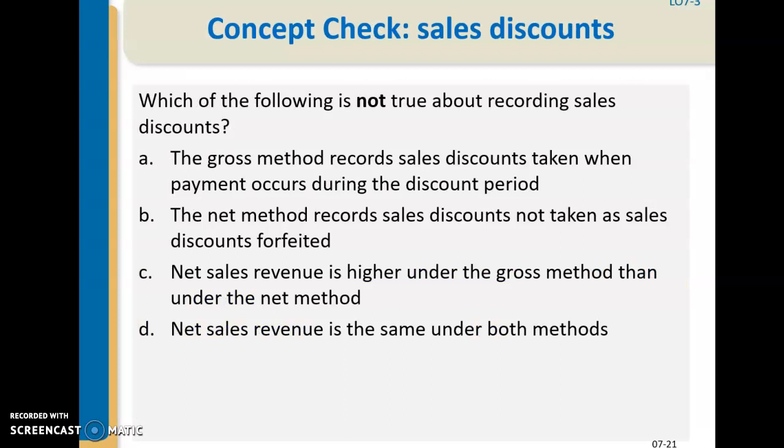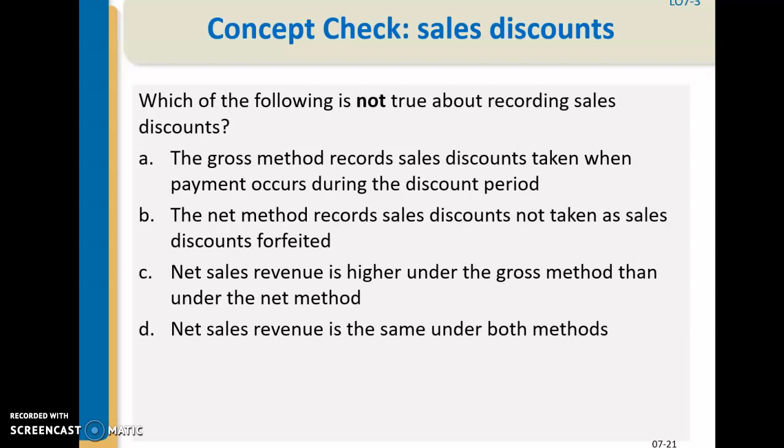So here's a problem for you. Pause your video to consider which would be the correct answer. The question asks, which of the following is not true about recording sales discounts? Is it A, the gross method records sales discounts when payment occurs during the discount period? Remember, we're looking for what is not true.